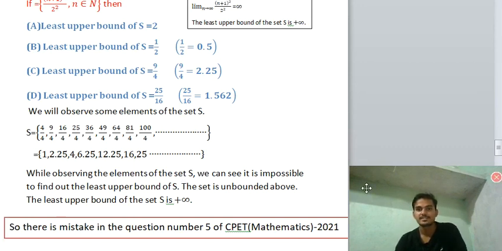We can say it is impossible to find the least upper bound of the set S. The set is unbounded above, the set has no upper bound, so the supremum or the least upper bound of the set is undefined, that is, plus infinity.